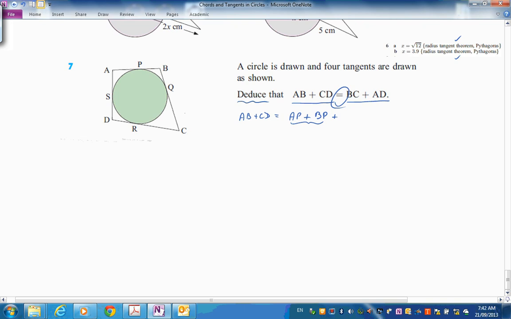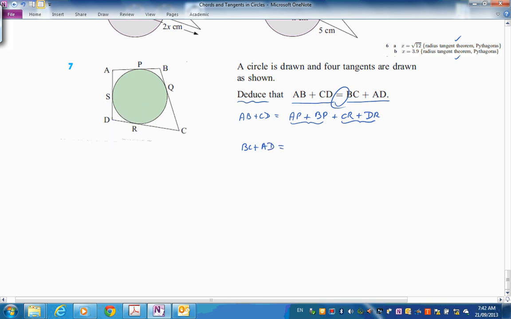So CD done the same way, it's down here, is CR, that's a tangent from there, plus DR, writing them as tangents from a point. Okay, so that's AB plus CD. So let's do BC plus AD in the same way.